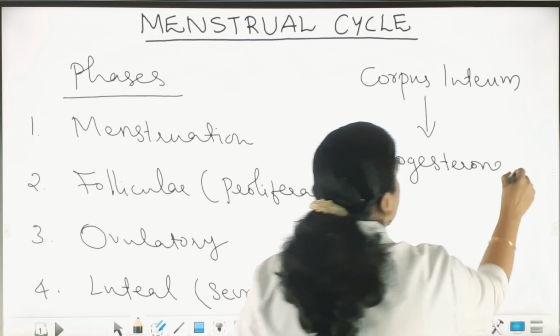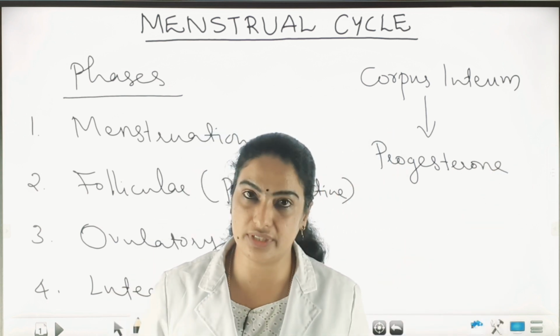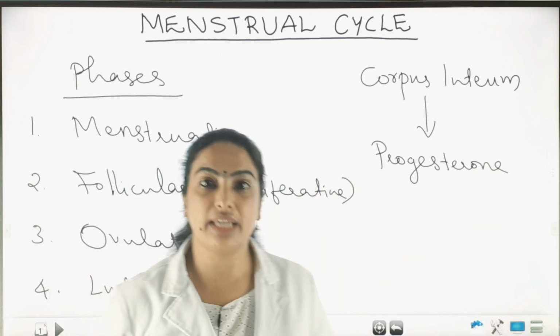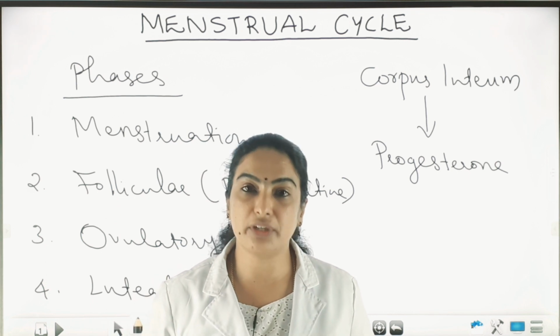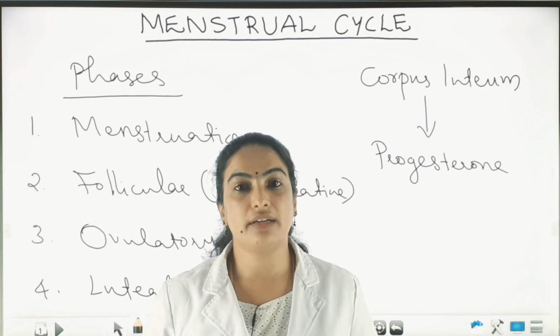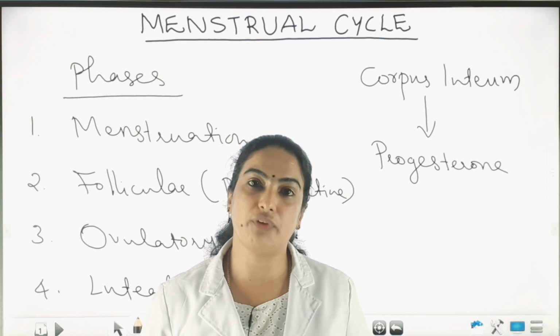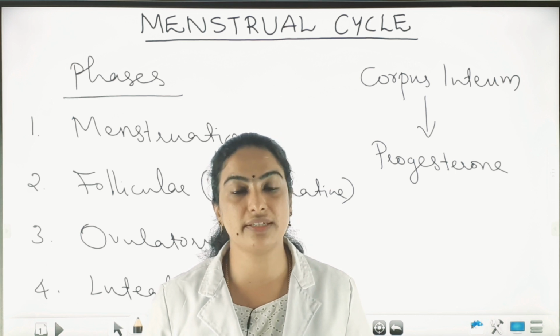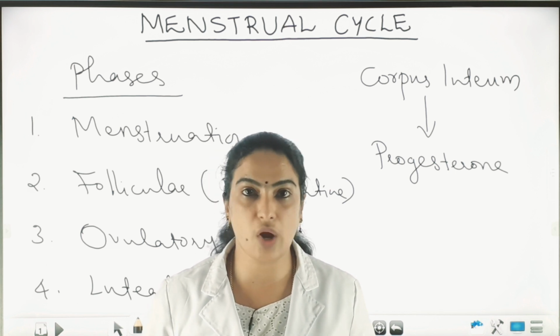So progesterone is secreted by the corpus luteum, and corpus luteum is a yellow body formed by the remaining part of the ruptured Graafian follicle. Is it clear about corpus luteum?